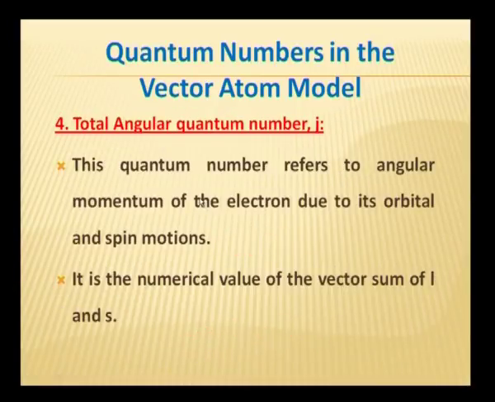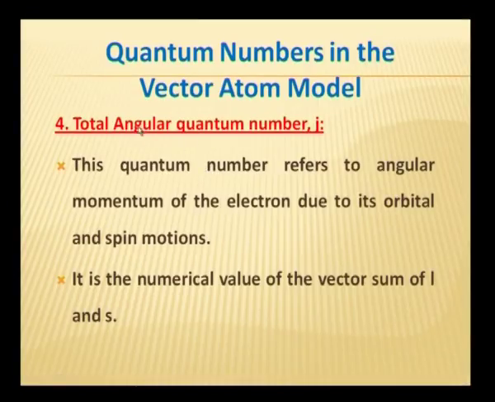So, we have now spoken about the 3 quantum numbers n, L, and S. Now, L and S can be coupled, which gives the resultant, namely J, the total quantum number J. I told you, when you apply the magnetic field, we talk of mj.